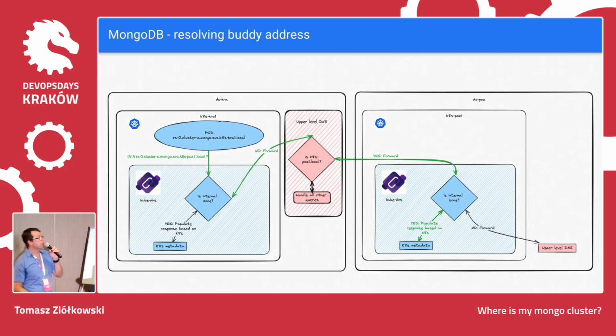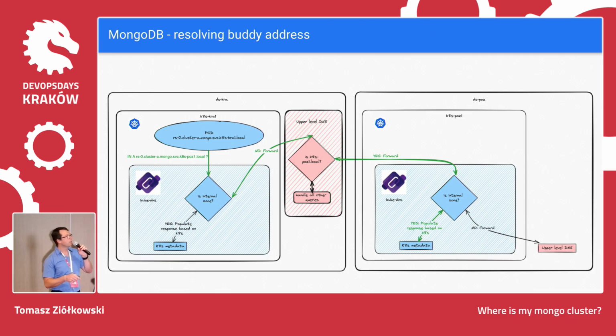And how is it used in the case of resolving a name between two clusters? In such a case, the Kubernetes in the DC KRA region is not responsible for this host name. So this query is forwarded to the upper level DNS outside of Kubernetes.